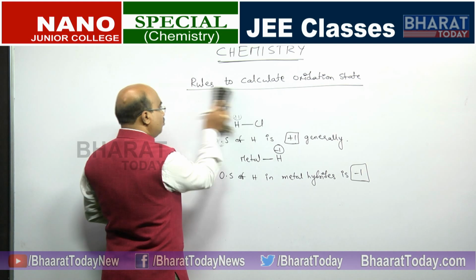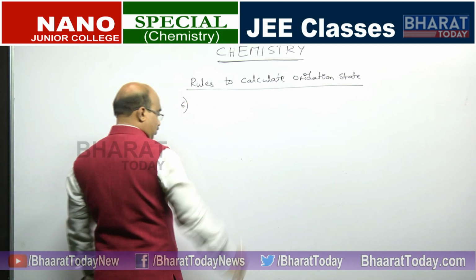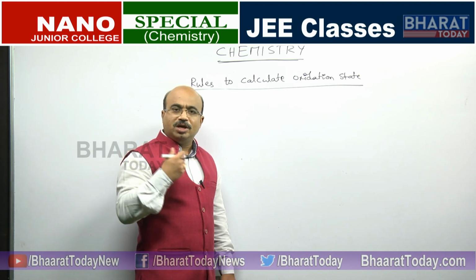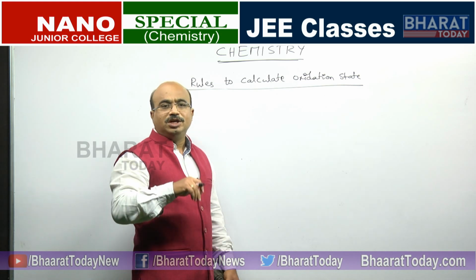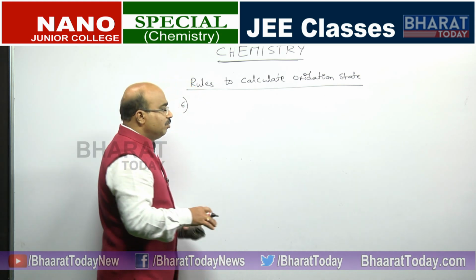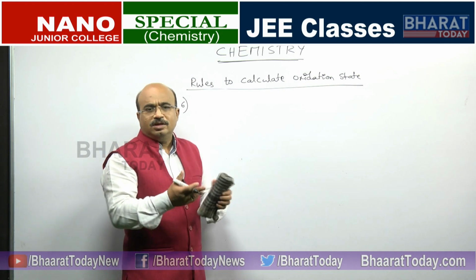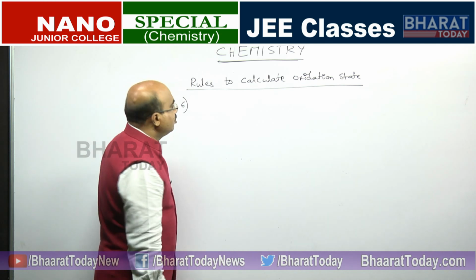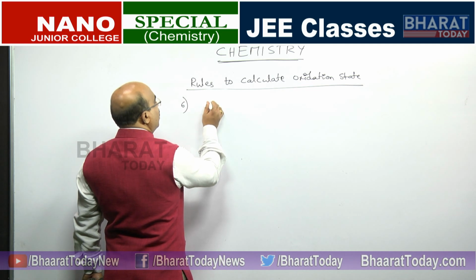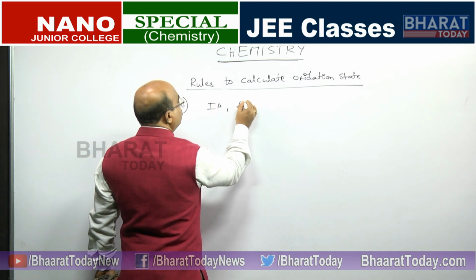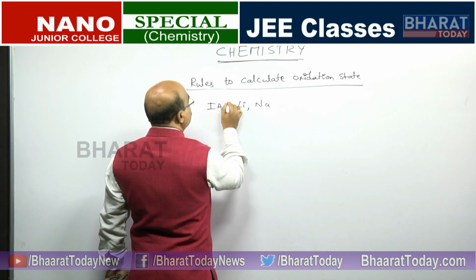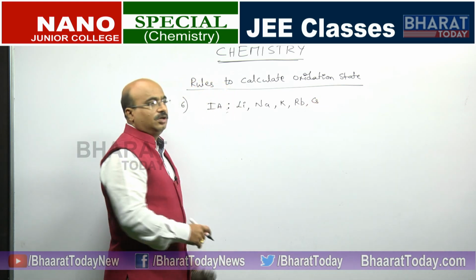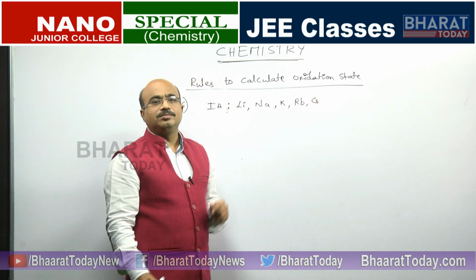Let us come to the next one, sixth. When we consider the more electropositive elements like 1A or 2A elements, they always have the ability to lose electrons. These general properties are already covered in lower classes, so take it as granted. If 1A elements are taken, that is lithium, sodium, potassium, rubidium, cesium, they always lose one electron.